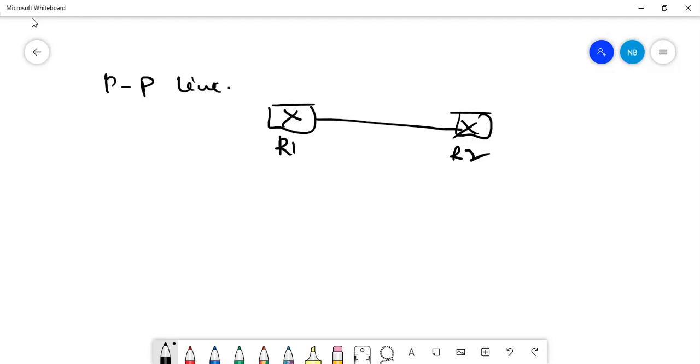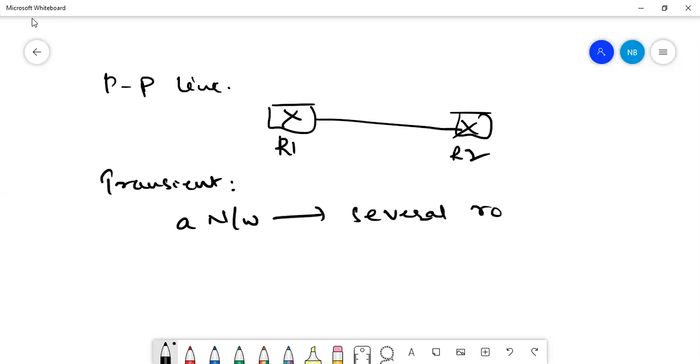And coming to the transient link, a network will be connected with several routers attached to it. What do you mean by this?